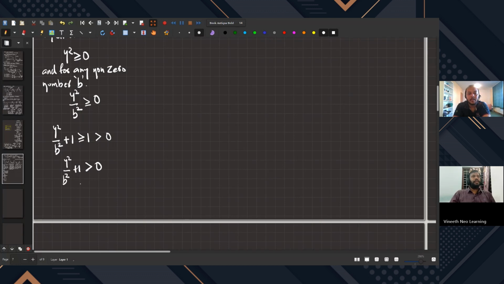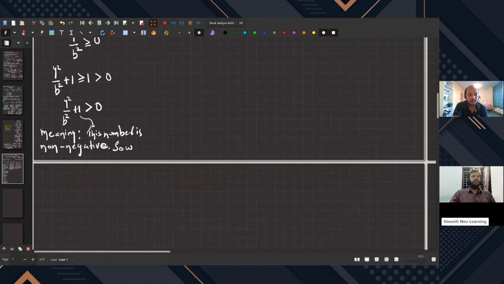Meaning this number is non-negative, so we can take the square root and proceed as in the previous proof.